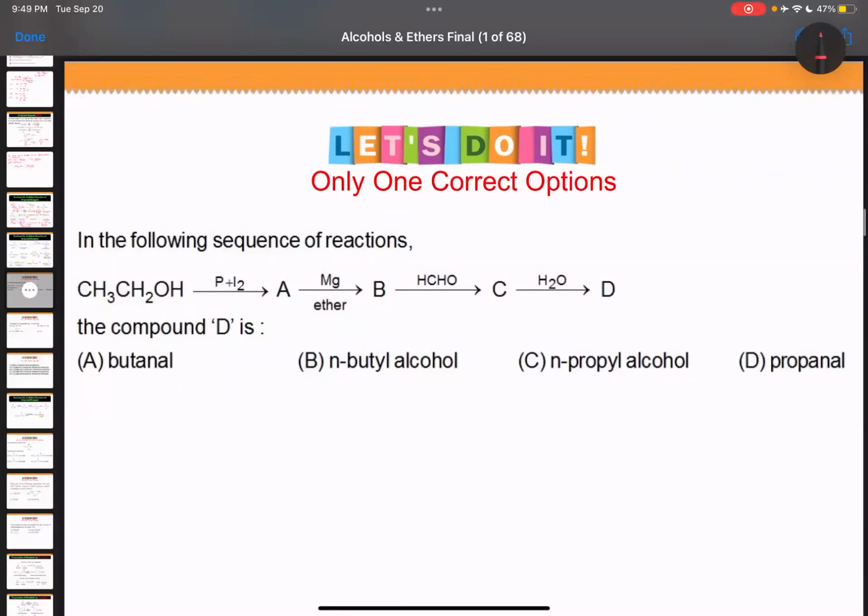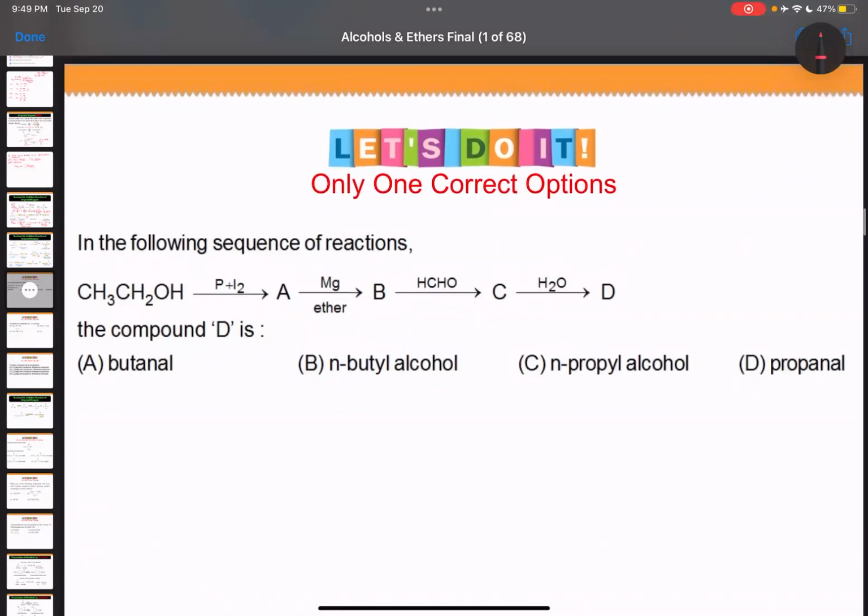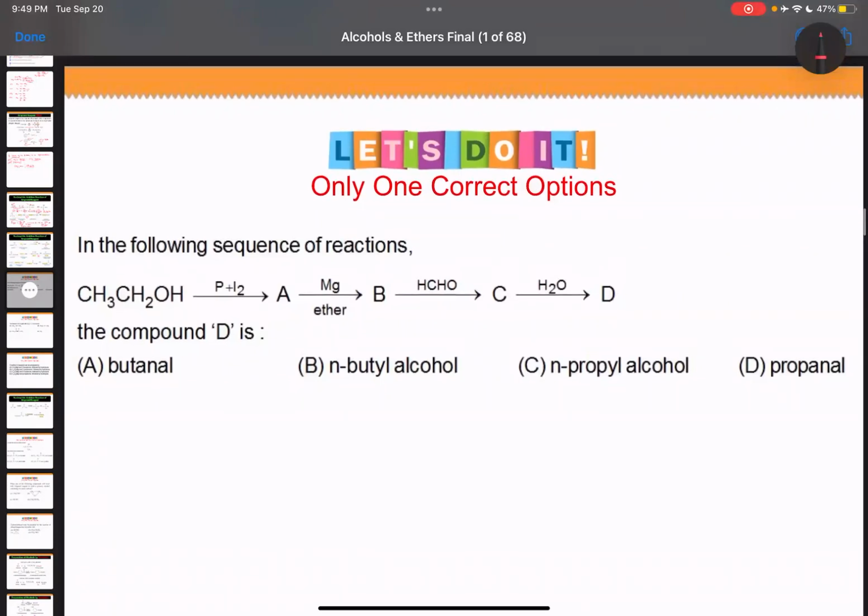Sir, what will happen with red phosphorus and iodine? This we have studied in the alkyl halide chapter. Red phosphorus and iodine is nothing but PI3. Now tell me, what are we going to get?